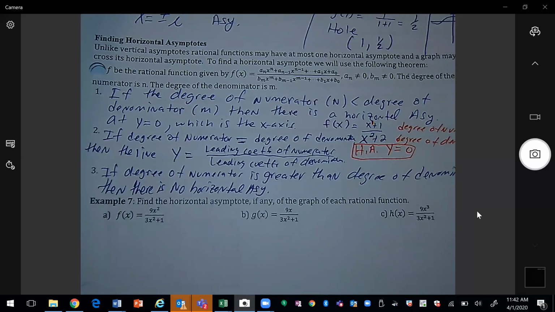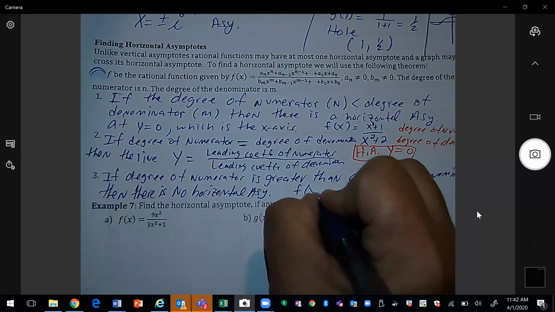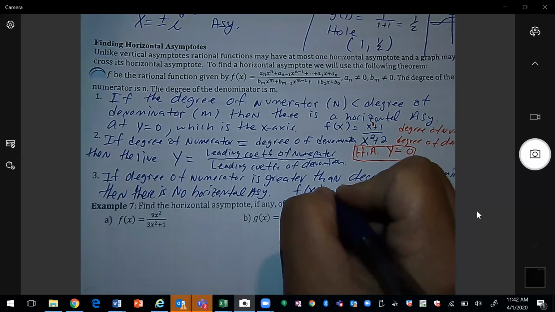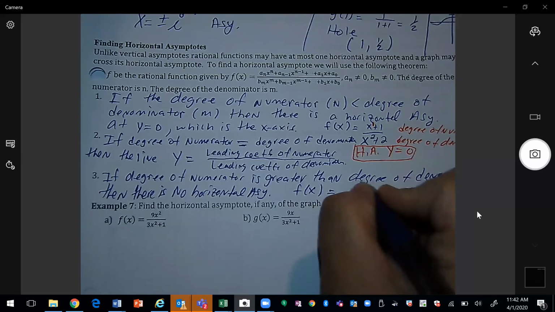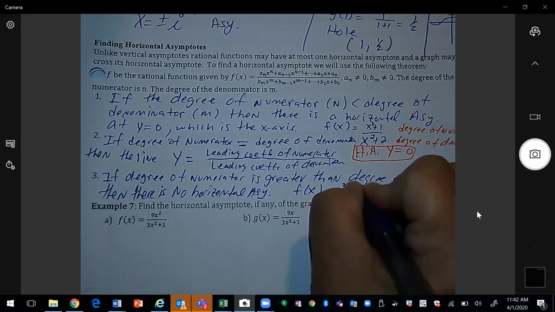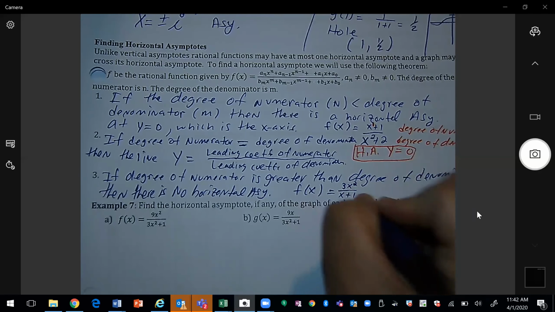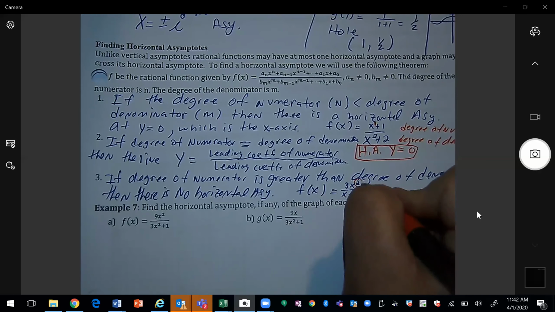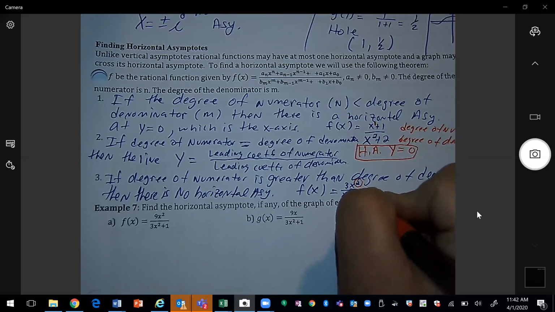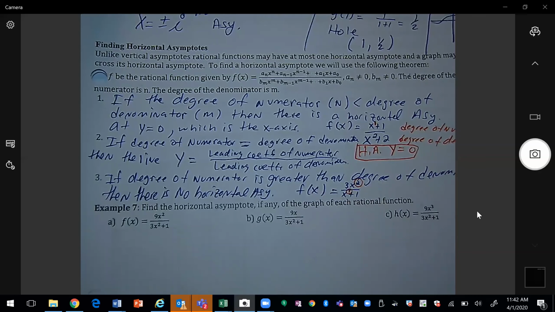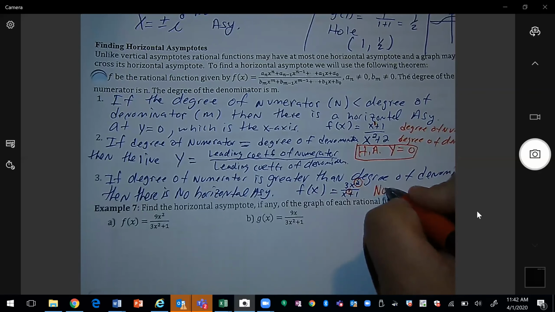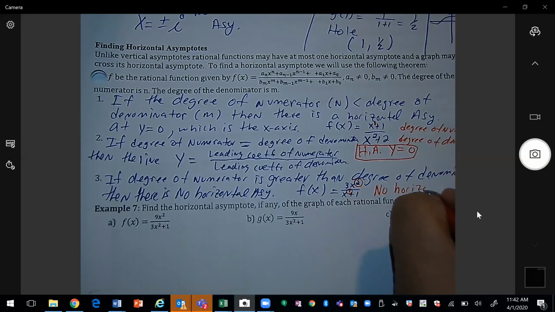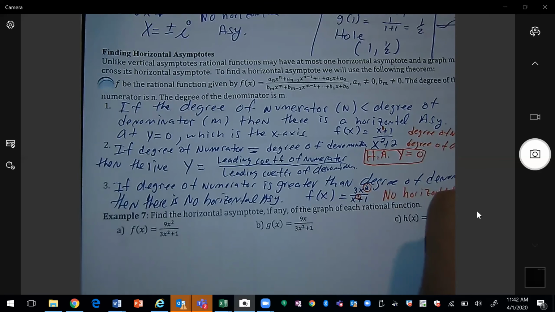For example, if I had f of x equal to 3x squared divided by x plus 1, my degree here is a 2, and this one has a 1. So the degree of the numerator is greater than the degree of the denominator. So my answer here is there's no horizontal asymptote.